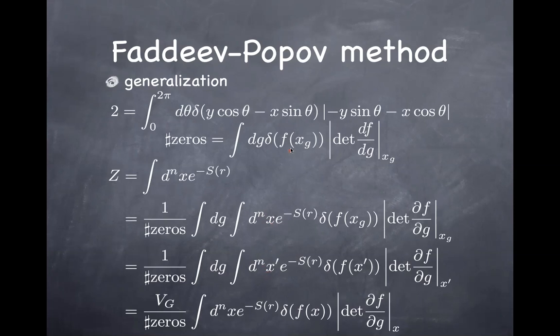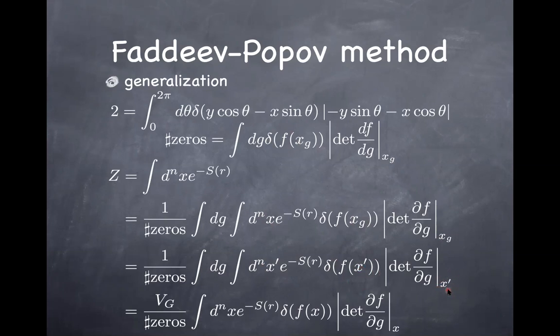If I do so, this delta function of f of x^g, now I'm basically saying x^g to be x prime. So this now becomes f of x prime. So this delta function now forgets about the g transformation. And this determinant, of course, used to be evaluated where the argument of the delta function vanishes as a function of x^g, but now it's also changed: the argument of the delta function vanishes as a function of x prime.